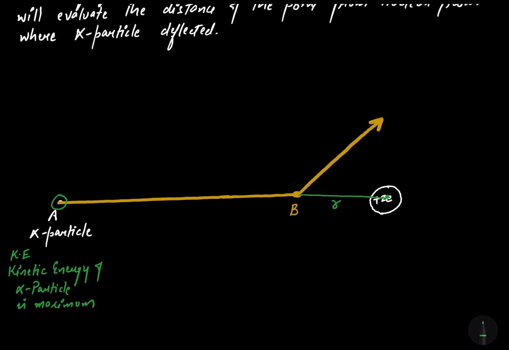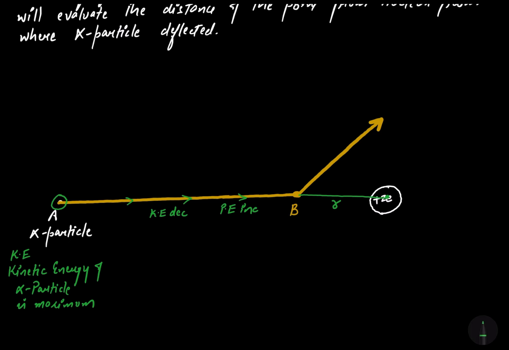Now as the alpha particle approaches the nucleus, its kinetic energy goes on decreasing and potential energy goes on increasing.